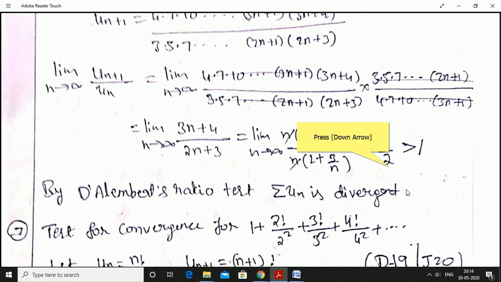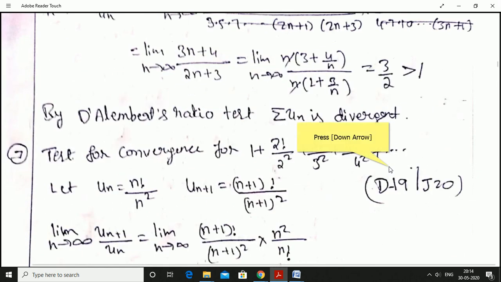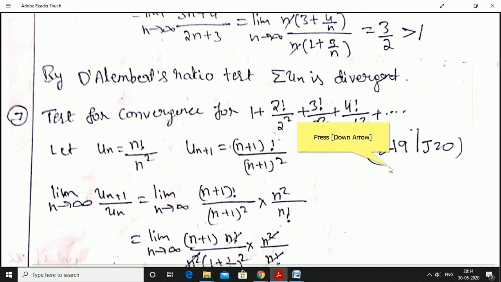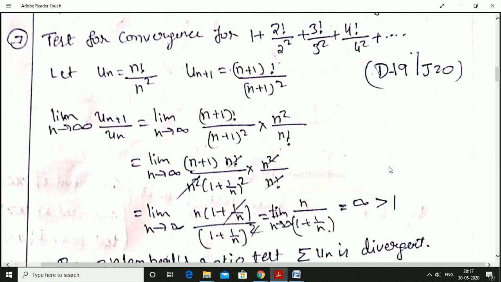Take n outside both in numerator and denominator, and after applying the limit as n tends to infinity, the answer is 3 by 2. 3 by 2 is equal to 1.5, definitely greater than 1. Hence, by D'Alembert ratio test, sigma un is a divergent series.